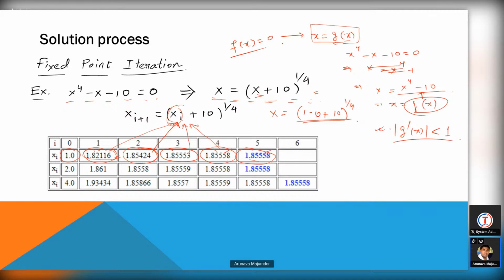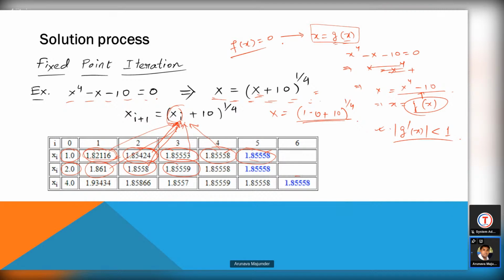The digits after the decimal places are getting the same. Now if I start the initial x as 2.0, the first value of x comes, and again we put the value of x here, we get this one. Again we put the value here, we get this one, and so on.